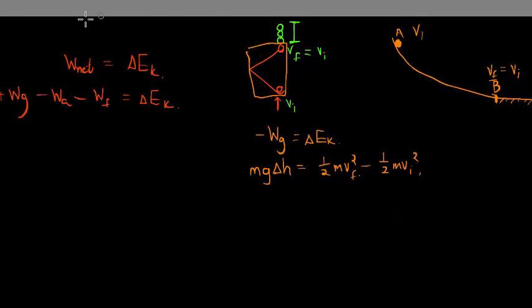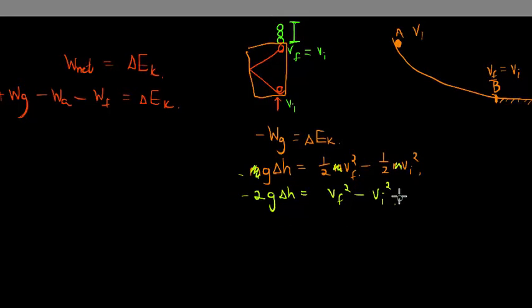But now I see everything has mass, so I can divide every term by mass. And I see there's the half. I don't like working with that half. Let's multiply everything by 2. And this is a negative. So 2g delta h is equal to, now I multiply this by 2 to get rid of those halves, future velocity squared minus initial velocity squared.